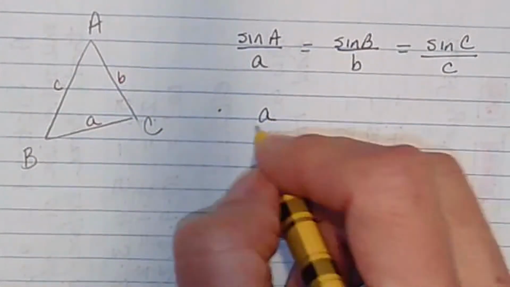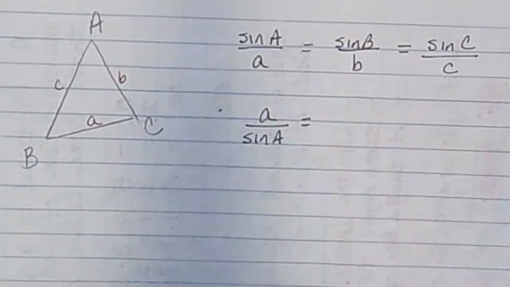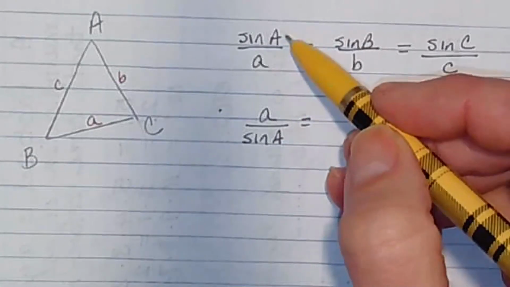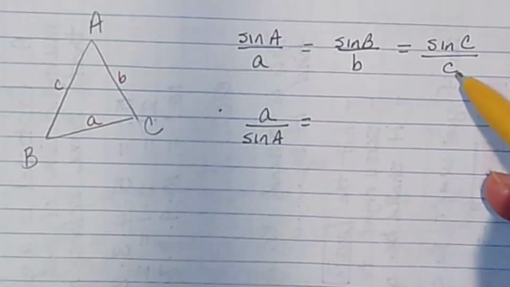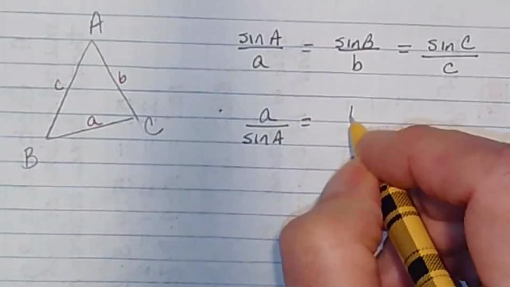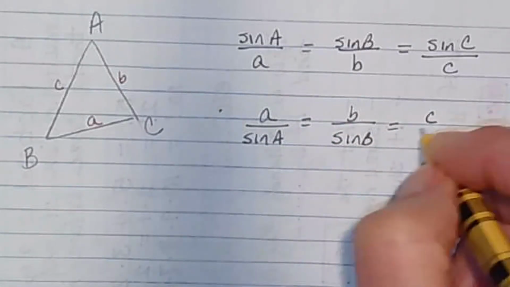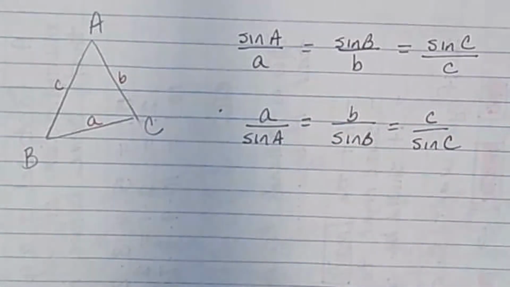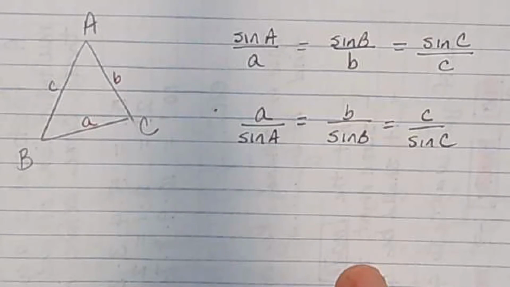I could say a over sine of A, side over angle. Up here, I'm doing angle over side, so all of the other ones have to be angle over side. But I can reverse them and say side over the sine of its angle equals side over the sine of its opposite angle. So just keep that in mind. Depending on what you're looking for will determine which one of these is easiest to use.